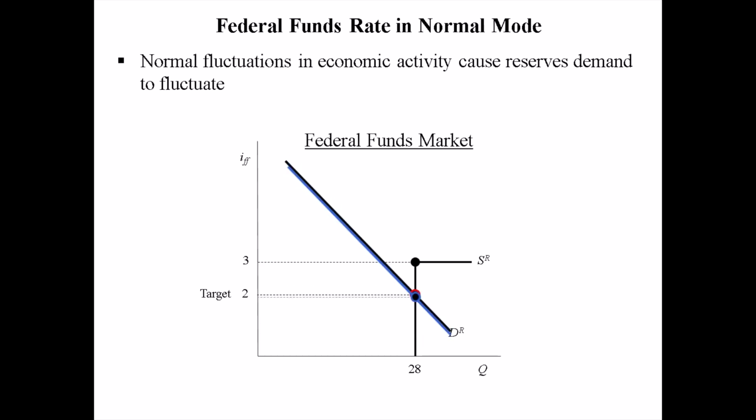Now, realistically, the demand curve for reserves fluctuates. And it fluctuates because under normal economic activity, demand deposits aren't static. For example, perhaps at the beginning of the month, people get their paychecks.